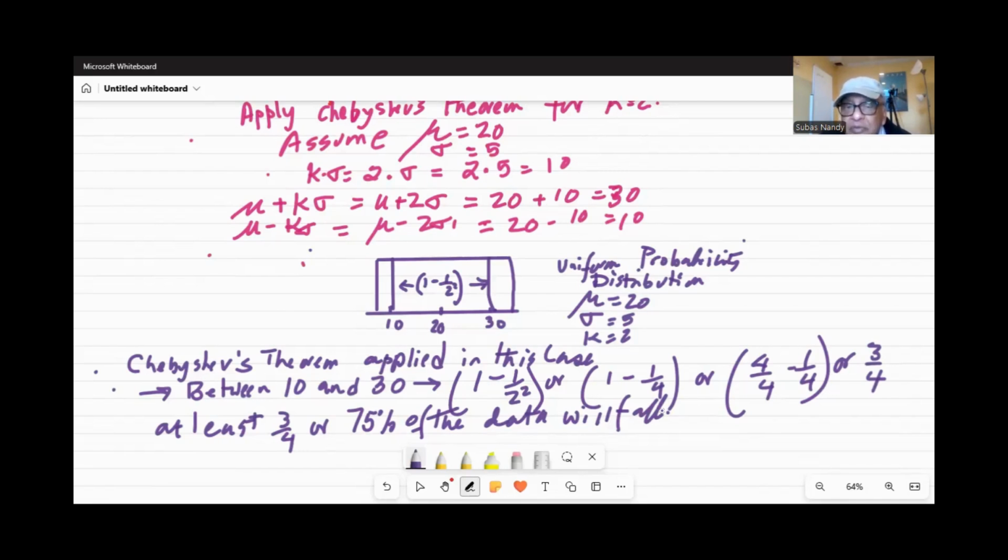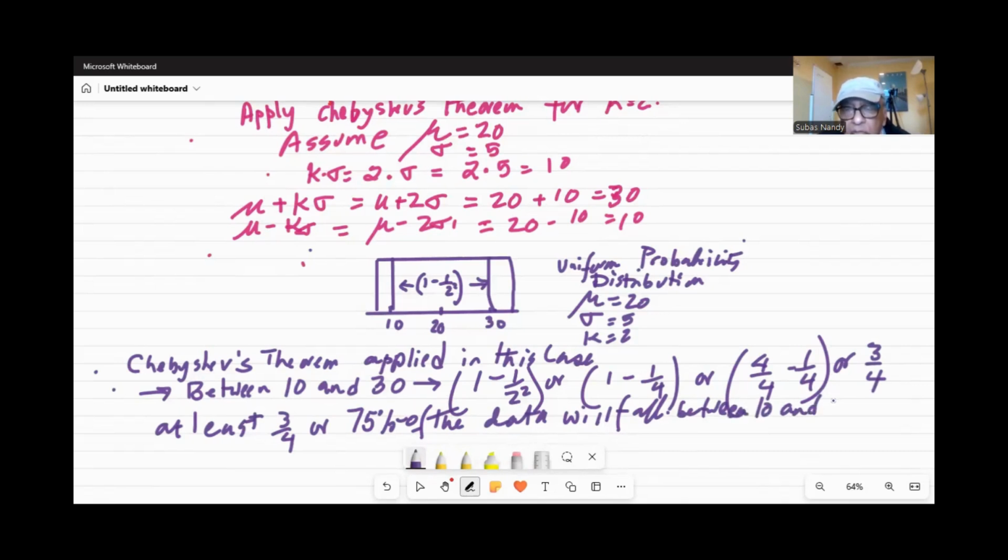Because this is a uniform probability distribution, Chebyshev's theorem states that at least 3/4 or 75% of the data will fall between 10 and 30.